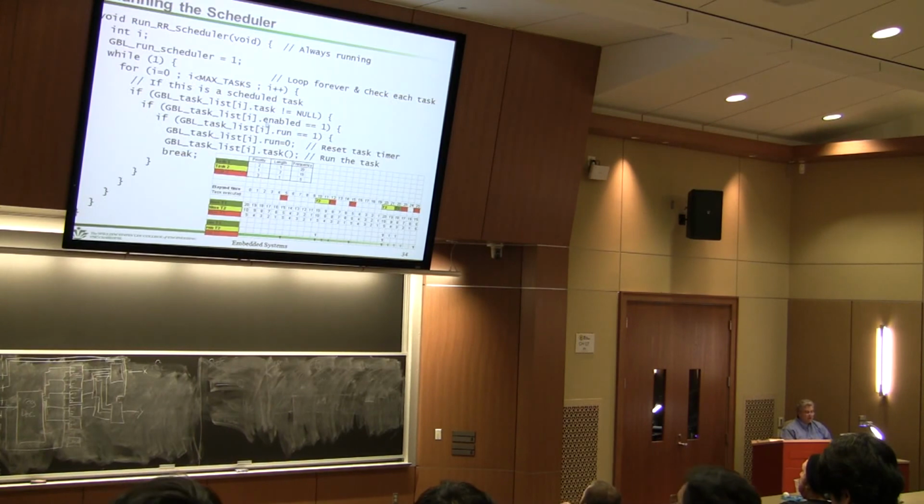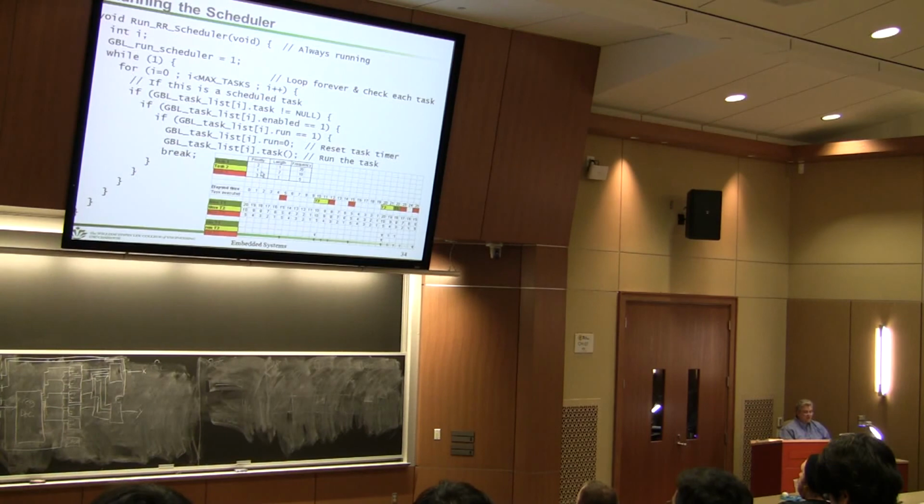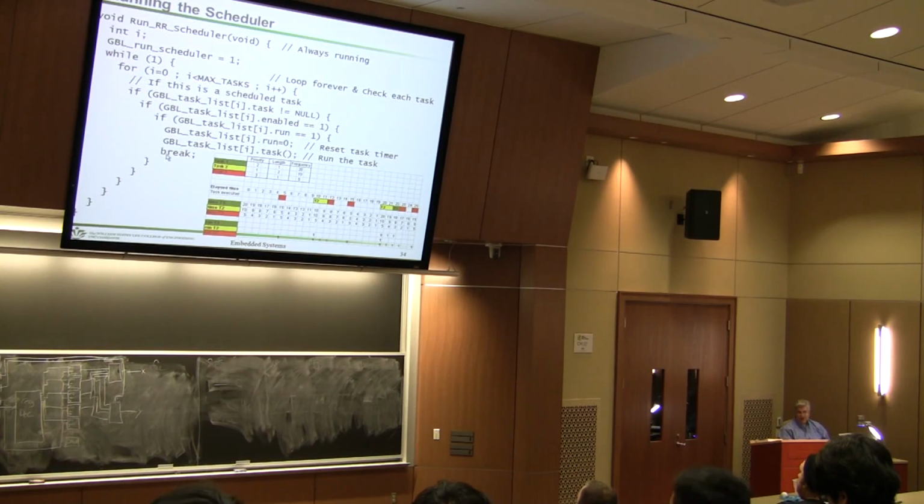So if it turns out that the highest priority task 2 is running, and it finishes, then it will go back and check if 2 should run again. So if 2 has high priority and it runs for a long time, and it runs very frequently, there's a potential for you not being able to run some of the ones later on. You all understand this, right?